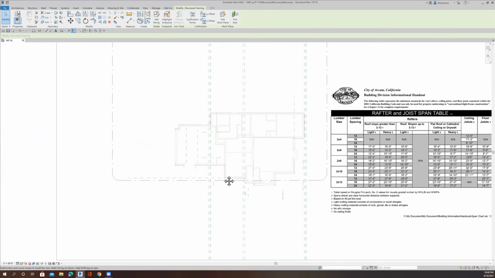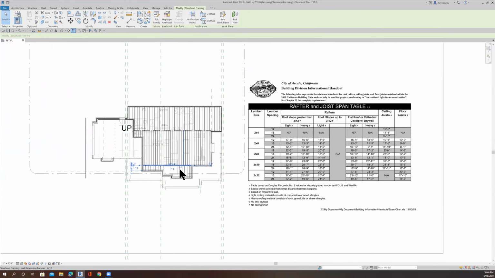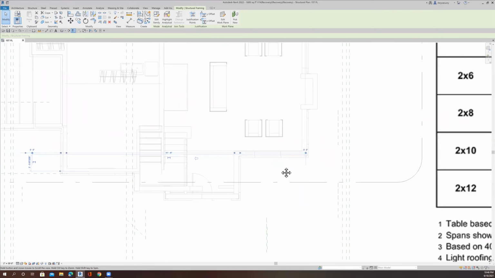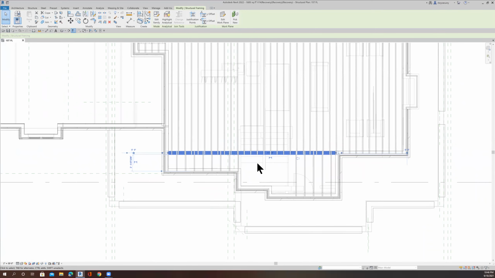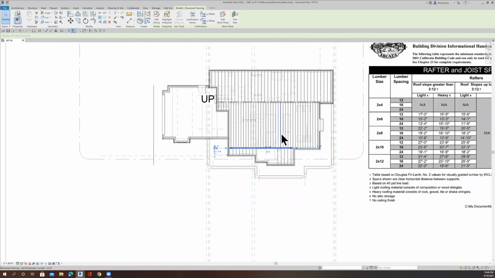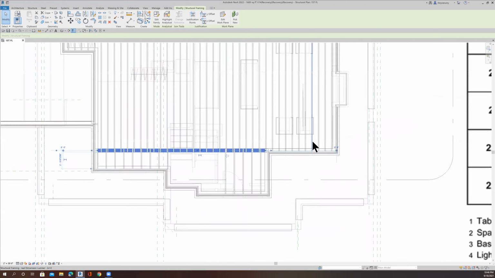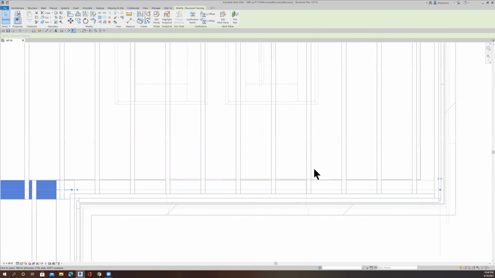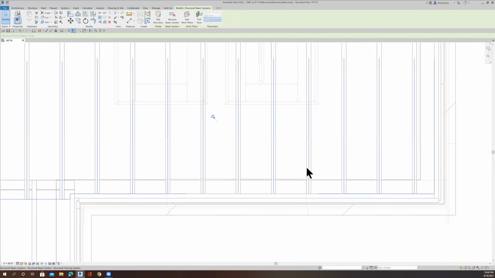Okay, so now I've got my span correctly done, and I have not opened this up yet for the stairs. So I have to fix that still. So let's see if now I can grab the structure, and it looks like I'm having a hard time. So my workaround for that is simply, I'm gonna try one more time here. Let's hit the tab key, see what happens. There we go, got it. Edit the boundary.